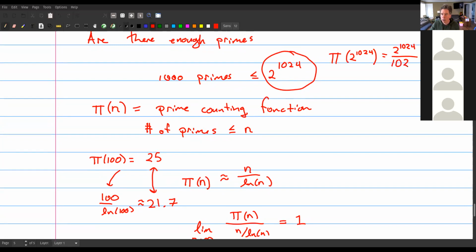I'm going to be off by a little bit of a factor here, but this is a gigantic number. It's so big that you divide it by 1,000 and it doesn't even notice. This is like zeros running off the page, a huge number still. There's definitely plenty of primes.